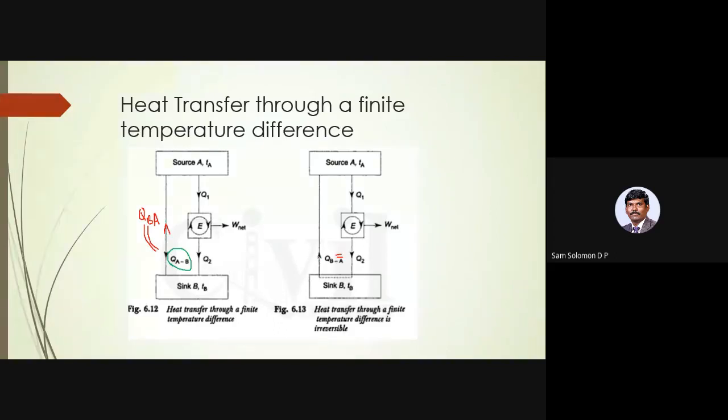So I'm going to run this engine in such a way that this Q2 amount of heat which is being rejected to the sink is equal to QBA.